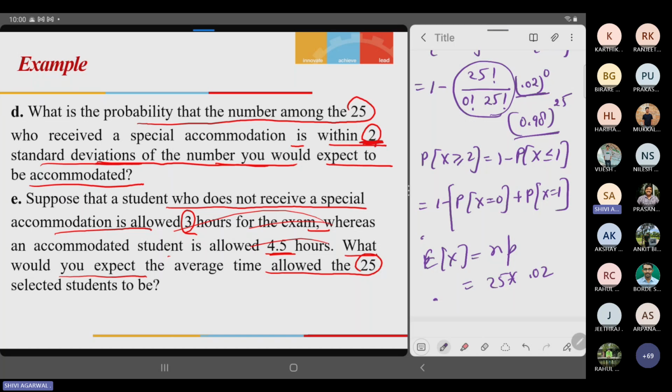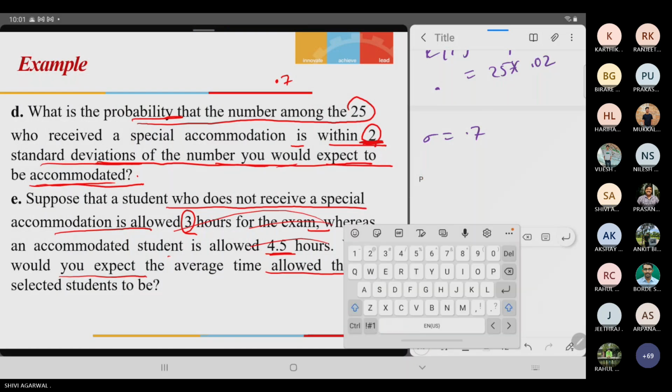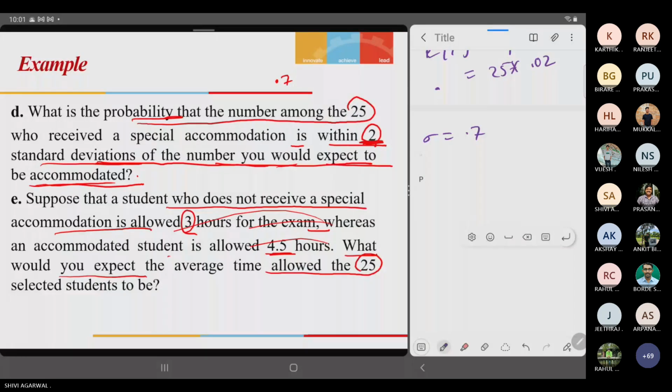In this one, we have to find out the standard deviation. Okay, standard deviation is coming here 0.7. I am just explaining here. Clear? Now they are saying, what is the probability of the number you would expect to be accommodated? So standard deviation we can find out.